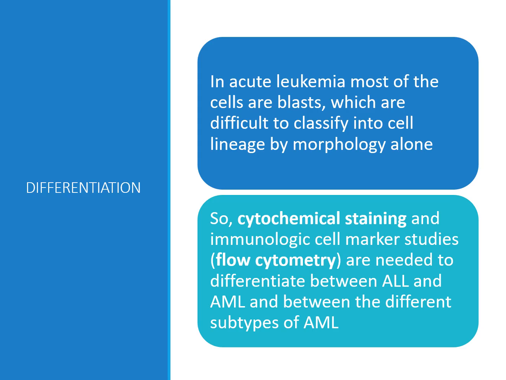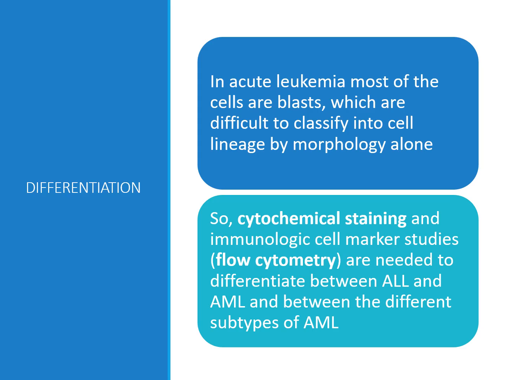So let's talk a little bit about differentiation. In terms of cellular development, when we are at a myeloblast or a lymphoblast phase of development, there's really no way to identify what type of cell lineage it comes from. In acute leukemia, most of the cells are blasts, and those are very difficult to classify into the lineage of the cell by morphology alone.